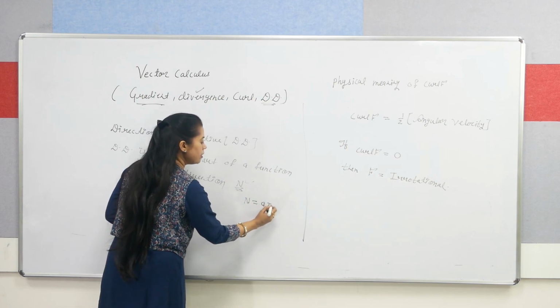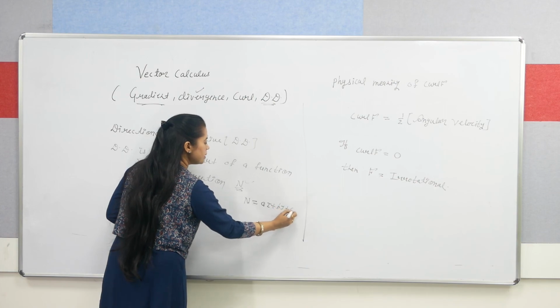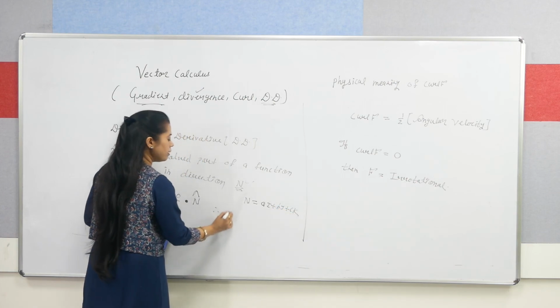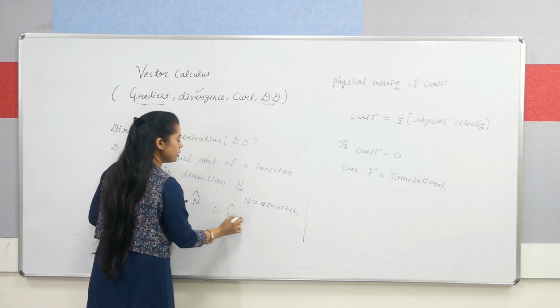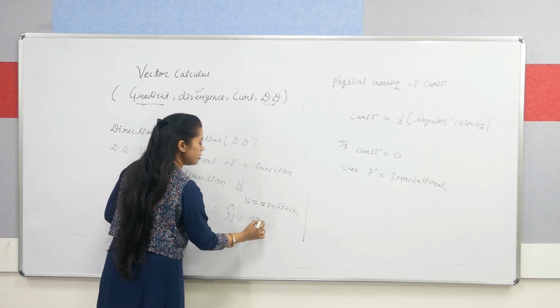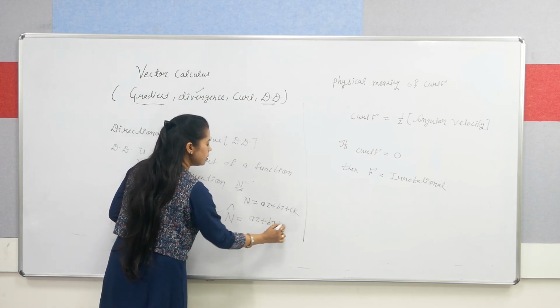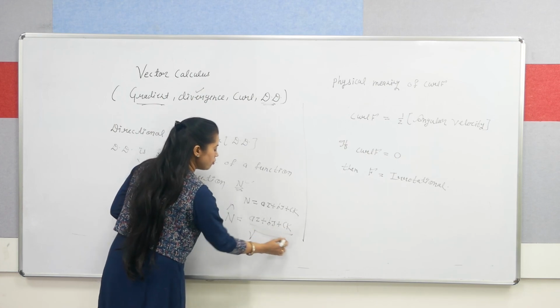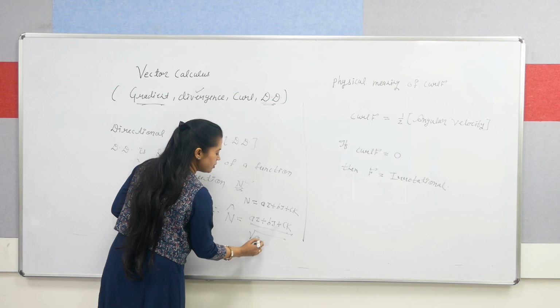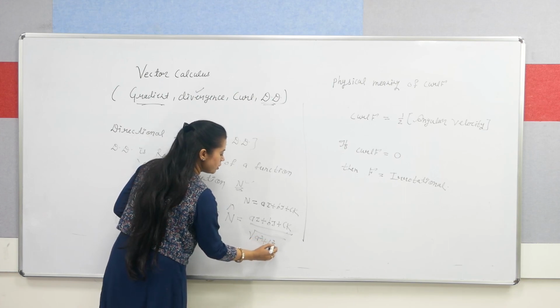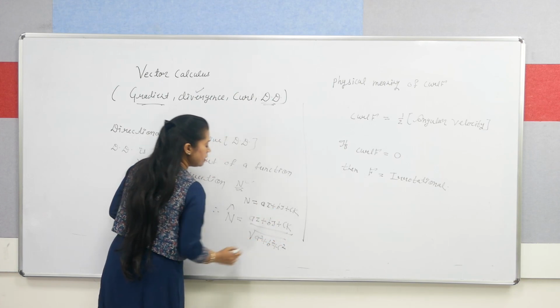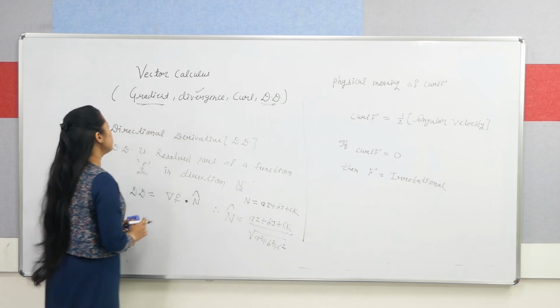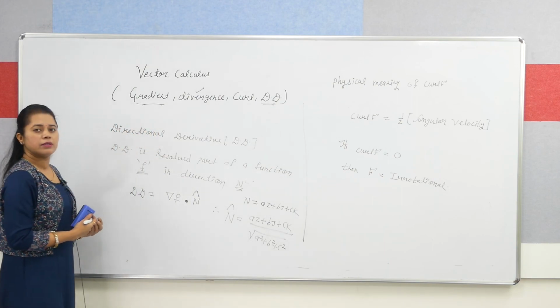Let it be ai plus bj plus ck. Therefore n cap can be calculated using the formula ai plus bj plus ck upon square root of a square plus b square plus c square. Next we will solve some examples of gradient, divergence, curl and directional derivative.